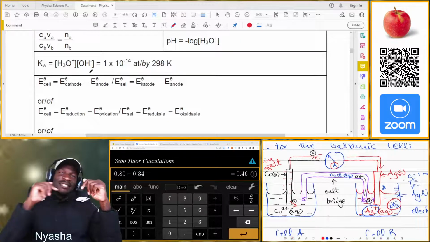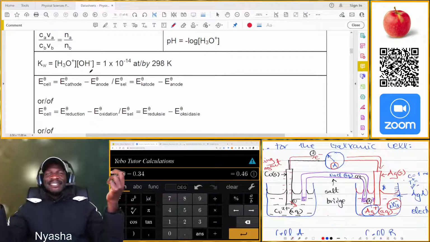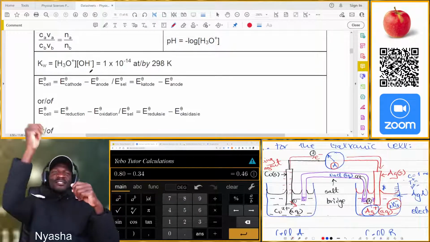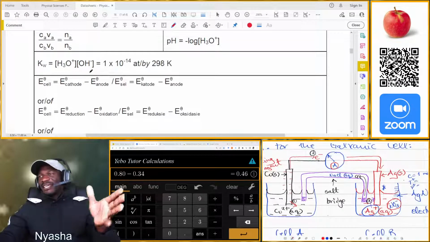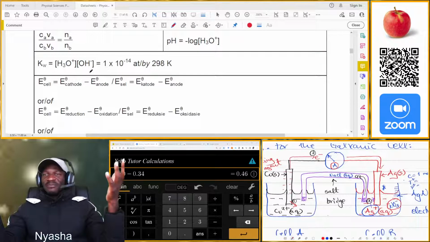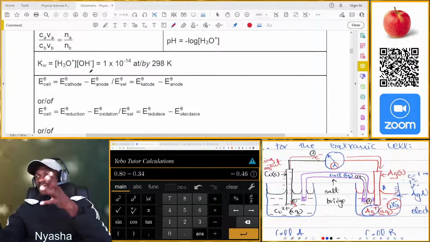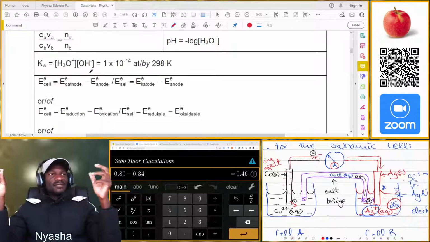When those ions reach the anode, what happens? They are oxidized, isn't it? Their potential actually increases. So in our case, can you see that the silver is appearing as our terminal that has the positive potential.